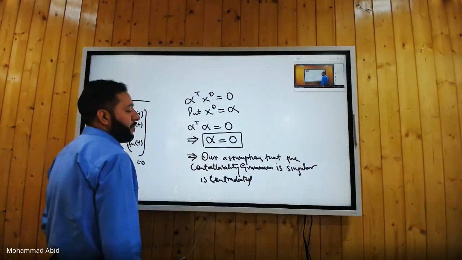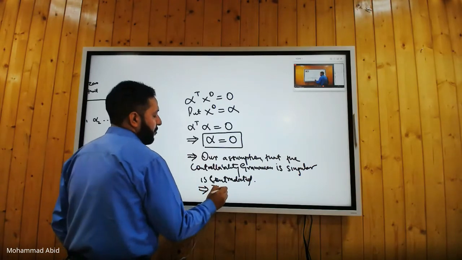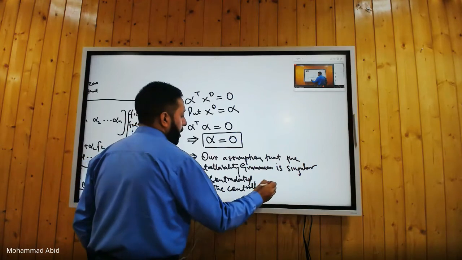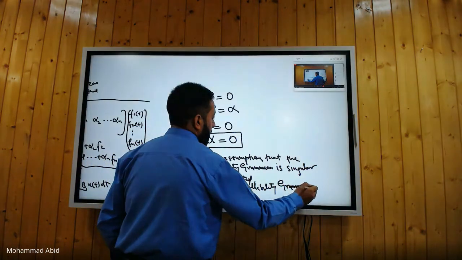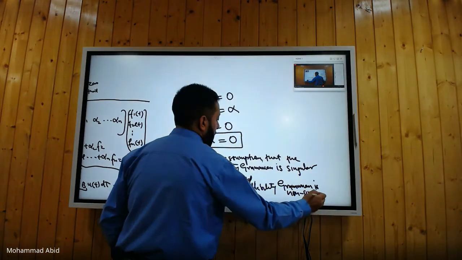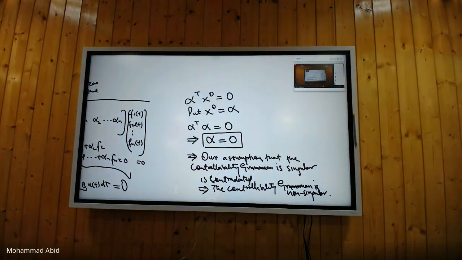So we have contradicted our own assumption, which implies that the controllability Gramian is non-singular. Do you get me?